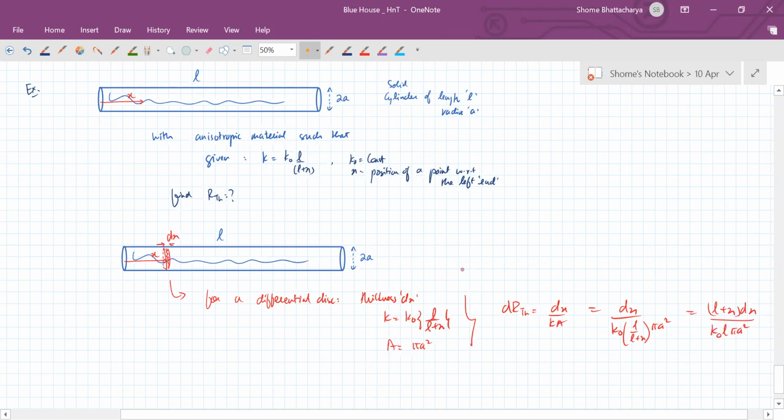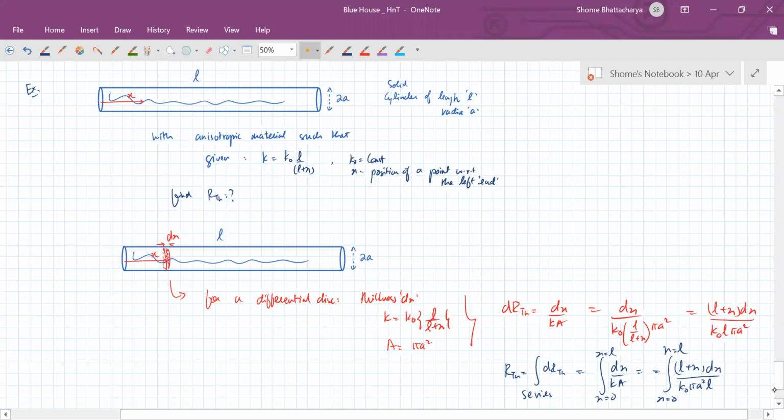Now these are all in a series combination. So the equivalent thermal resistance of the entire cylinder will be the integration of this thing from x equal to 0 to x equal to L. You can see it's a very simple integration.